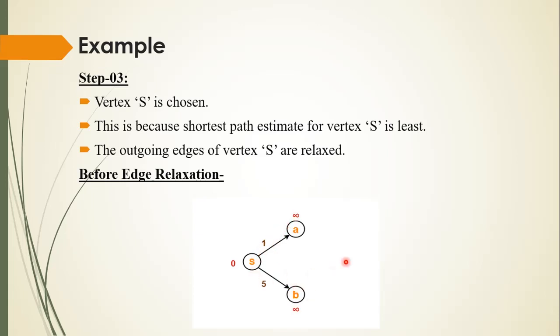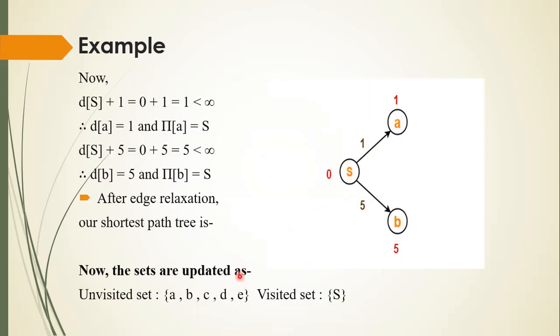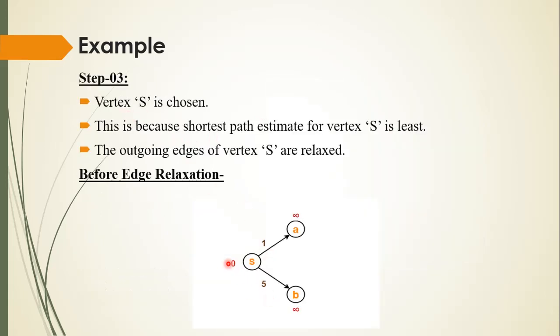Now we are calculating the distance from S to A. We calculate D of S plus this distance. D of S is 0, so 0 plus 1 is equal to 1, which is less than infinity, so infinity is replaced by 1.